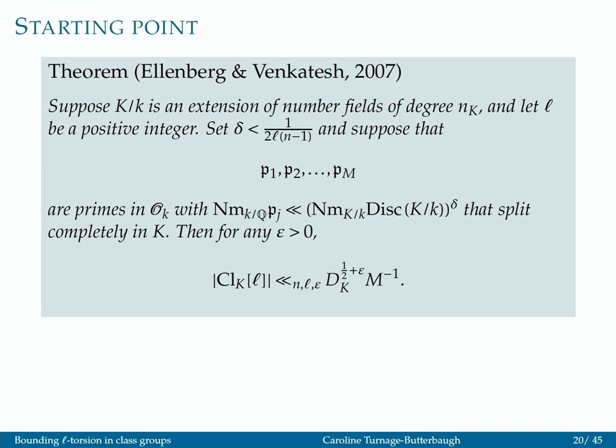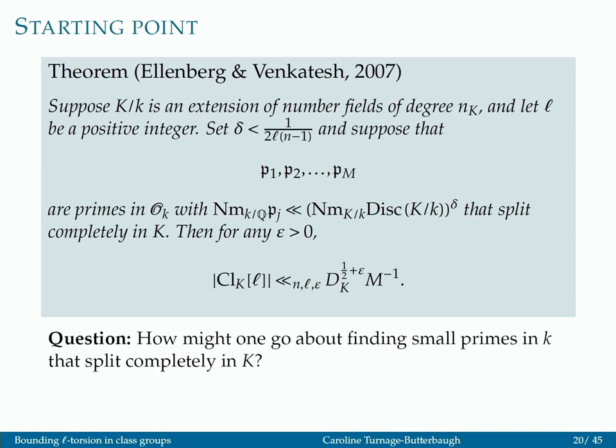And suppose that you can find m primes in the ring of integers of little k, where the norm of these primes is small in this explicit way, and we want them to split completely in big K. All right, so Ellenberg and Venkatesh show that if you meet these assumptions, if you can find this many primes of small norm that split completely in K, then you can get the following upper bound on the L-torsion subgroup.